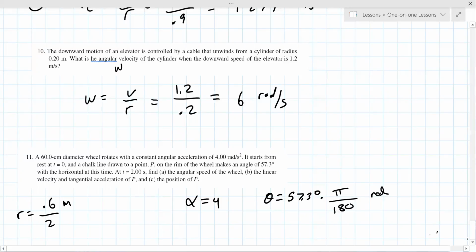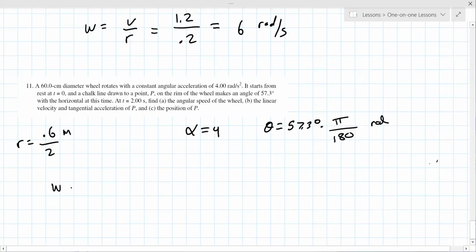So omega final equals omega initial plus alpha times t. Let me just check that. Is it alpha? Yeah, plus alpha t. So we're trying to find the omega final. We know it's currently at rest.